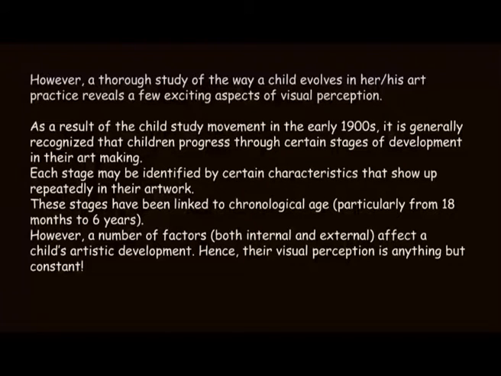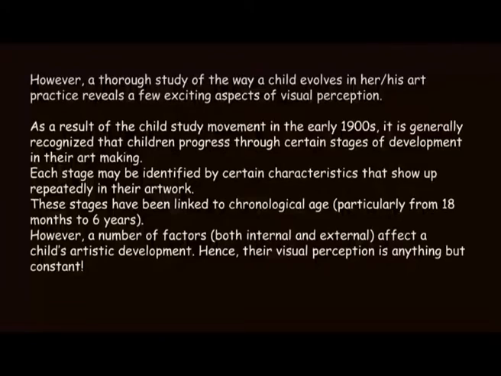However, a thorough study of the way a child evolves in her or his art practice reveals a few exciting aspects of visual perception. As a result of the child study movement in the early 1900s, it is generally recognized that children progress through certain stages of development in their art making.